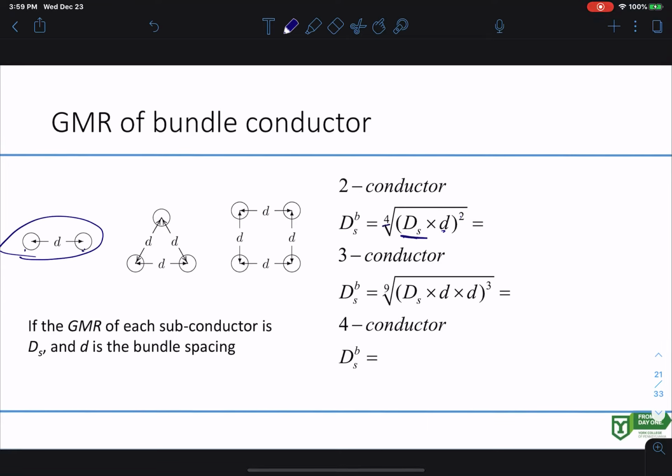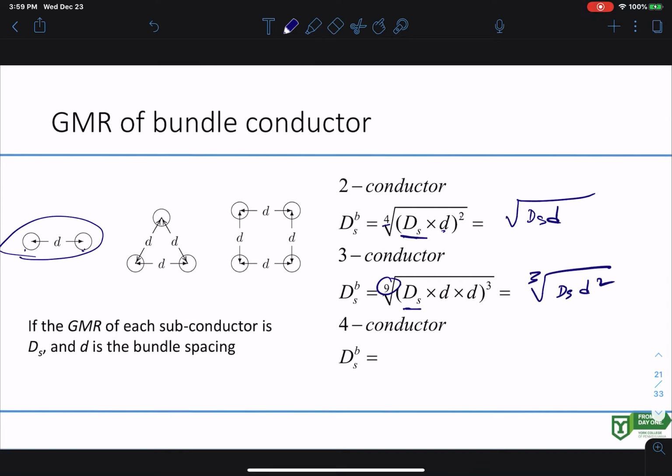Then you take the 4th root, and the math comes down to the square root of ds d. If you have three conductors, all of them have the same self geometric mean radius ds, and 2d here. Three of them, so you have the ninth root. The result will be the cube root of ds squared d squared.